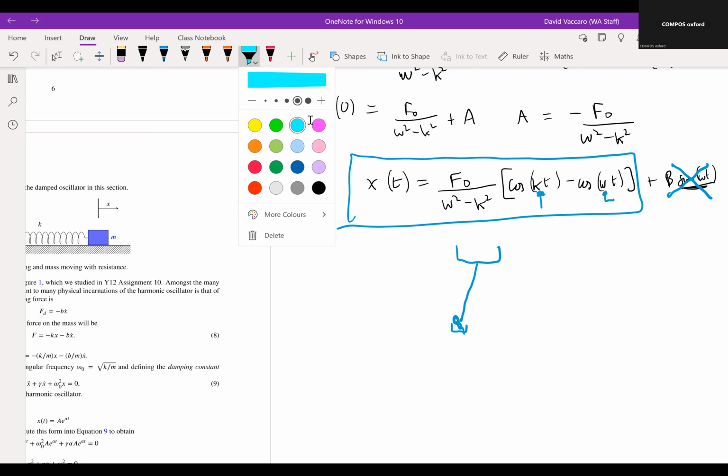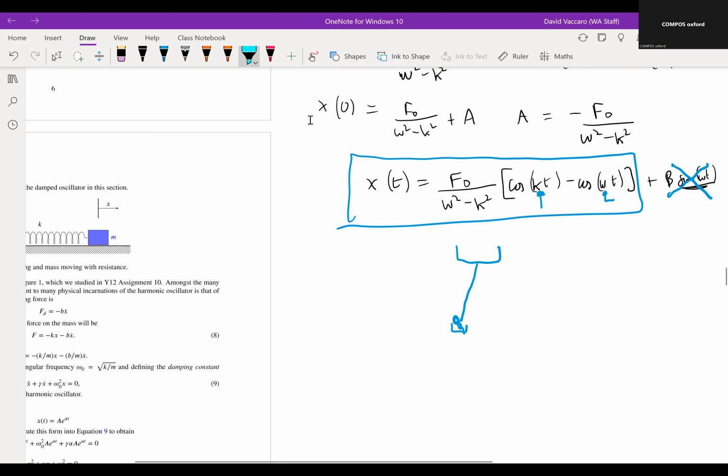Either explain in the chat what you think you would get, or on the whiteboard, draw what you think cos kt minus cos omega t would look like. Put on your physicist's intuition or your mathematical intuition, and you can think of it in terms of the graphs, or you can think about what would happen with me pushing my daughter on the swing.